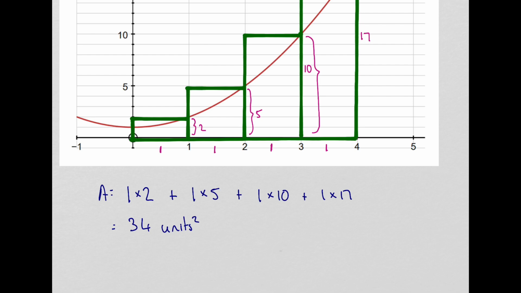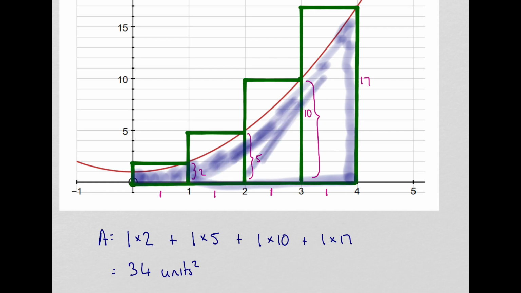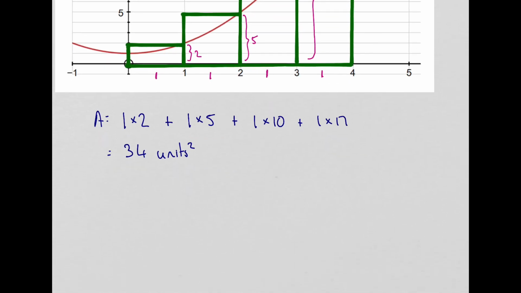But now let's look at the problem here. Using software, I can tell you that the actual area of the region that we want, and remember that is the region below the red curve and bounded by x equals 4 and x equals 0, is equal to 25.33 units squared.